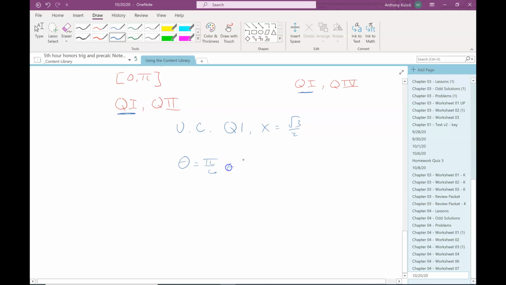And I noticed that pi over 6 is in the range for cosine inverse. So that is my answer. No need to find anything coterminal.